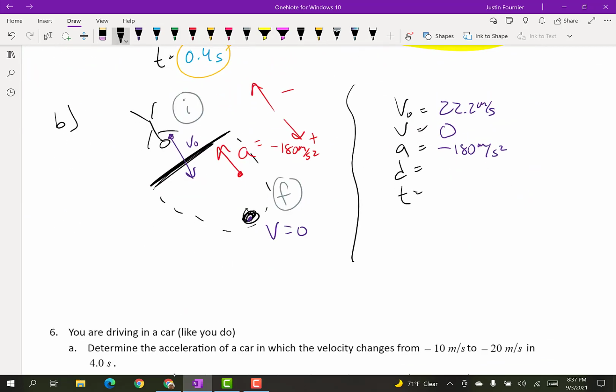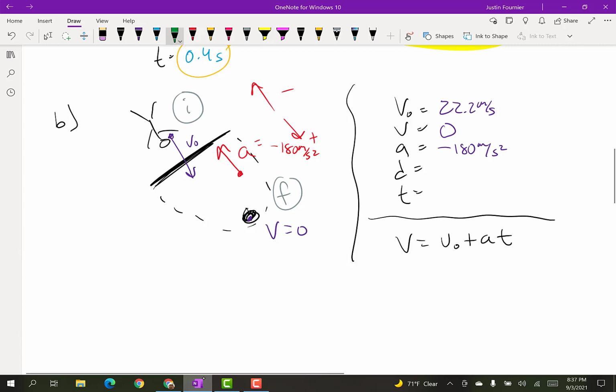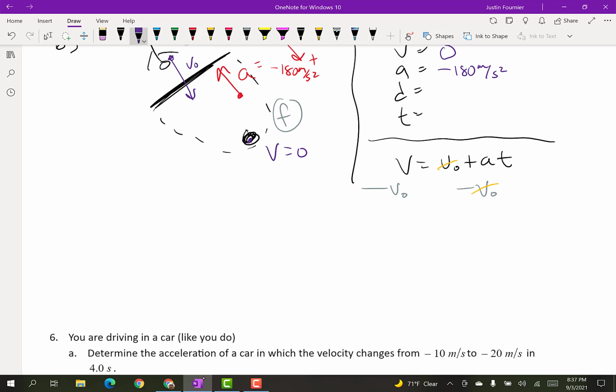And then I could use, I think again I'm going to use the definition of average velocity. Now I'll use v equals v naught plus at. So I'm going to subtract both sides by v naught. So that cancels. And now I get v minus v naught equals at.